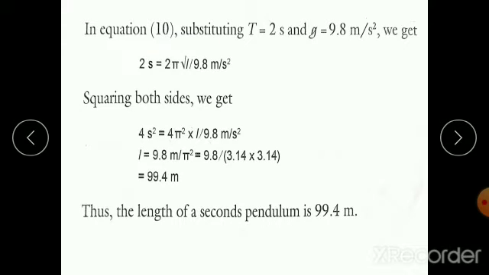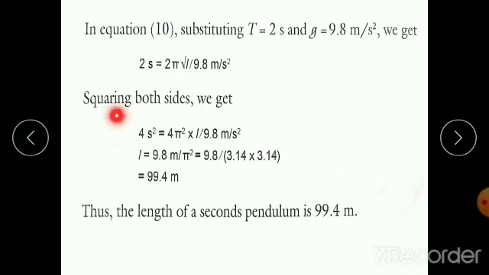In that, substituting T equals 2 seconds, and you know the acceleration due to gravity is equal to 9.8 meter per second square. So substitute in that equation: in the place of T we substitute 2 seconds, equal to 2 pi square root of the length of the pendulum, which we have to find out, keep it as it is, divided by 9.8.